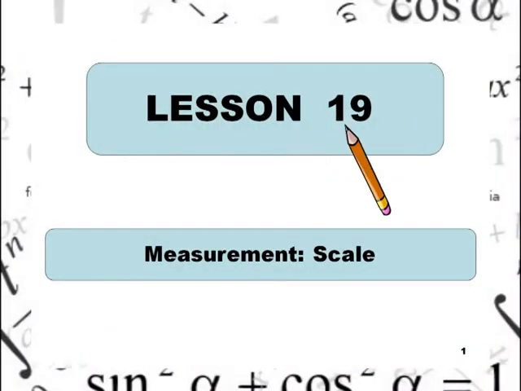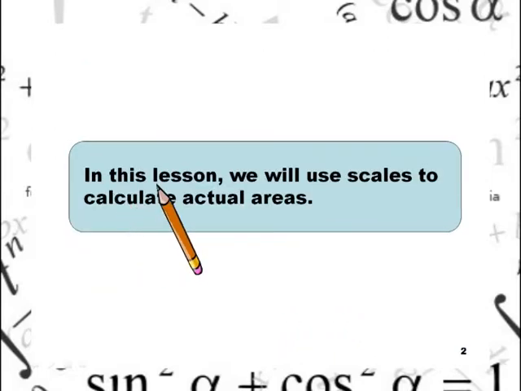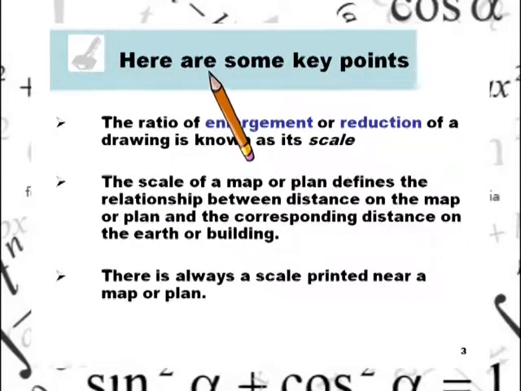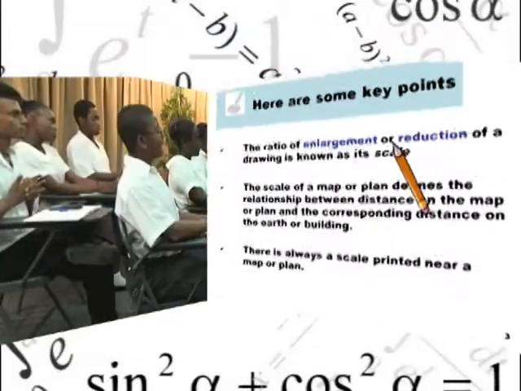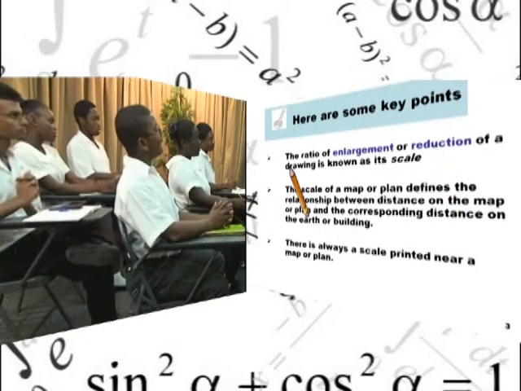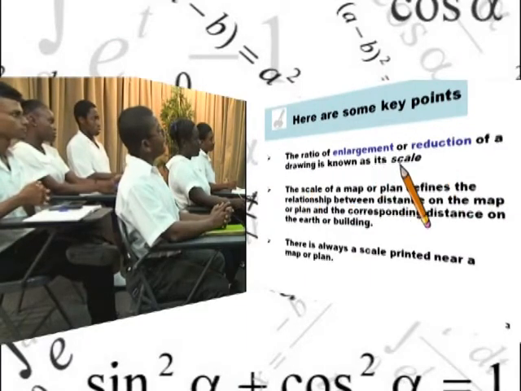Lesson 19, Measurement, Scale. In this lesson, we will use scales to calculate actual areas. Here are some key points. The ratio of an enlargement or reduction of a drawing is known as its scale.